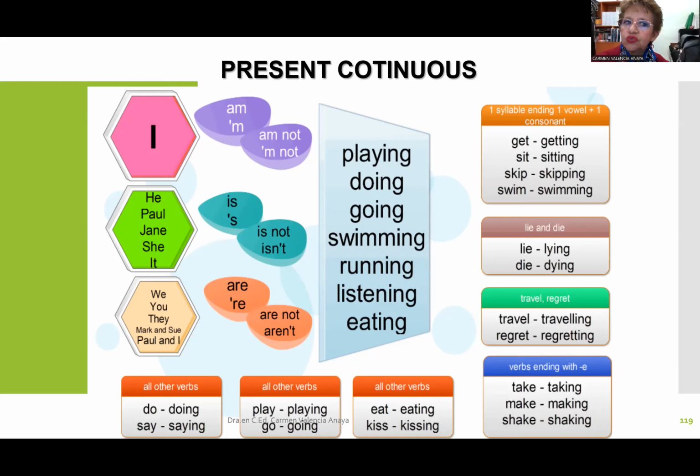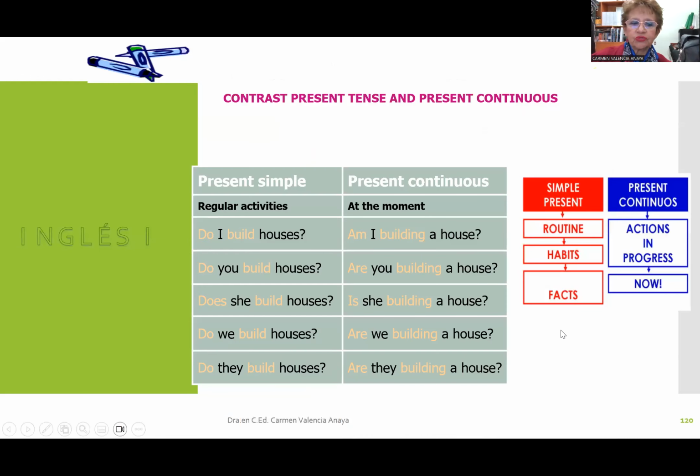I'm going to write a double consonant, traveling, regretting. Okay? This is the most important part of present continuous. Okay. Now we are going to do a little contrast between present tense and present continuous.